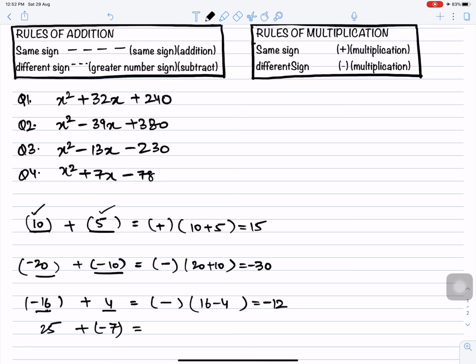Correct? Now what about 25 plus minus 7? Both have different signs, so the sign will be that of the greater number.